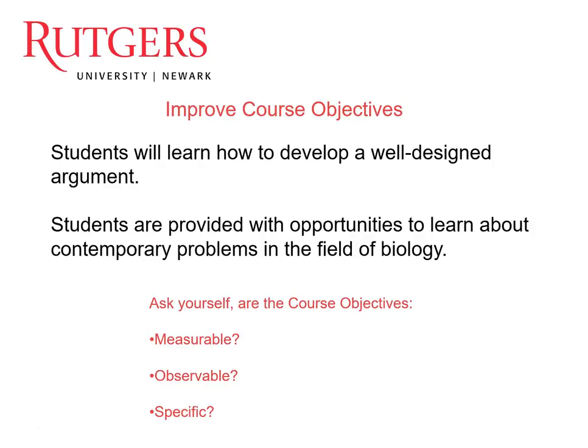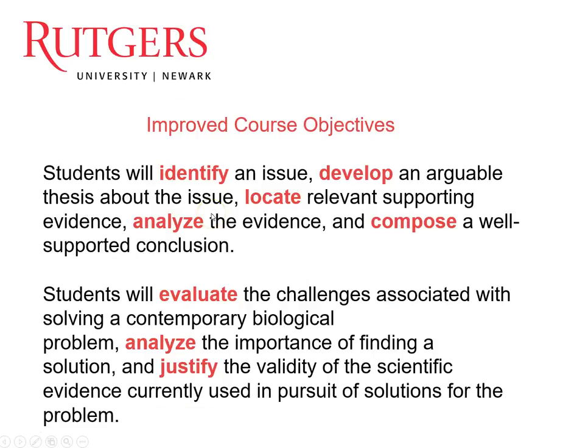So pause on that. The second one, students are provided with opportunities to learn about contemporary problems in the field of biology. Now, as we look at that, ask yourselves, are these course objectives measurable, observable, and specific? No, you can actually take them and you can tweak them to make them into the higher level course objectives.